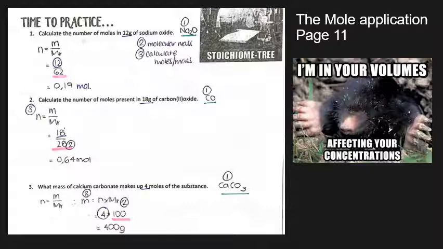Question 2 asks you to calculate the number of moles present in 18 grams of carbon monoxide, or carbon(II) oxide. Here they've used the stock notation to write out the compound.